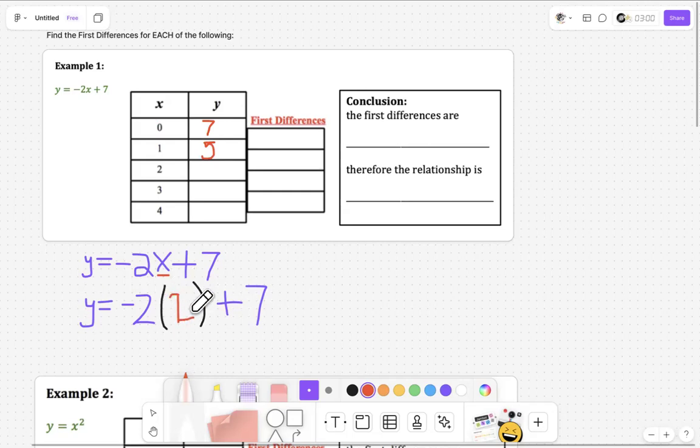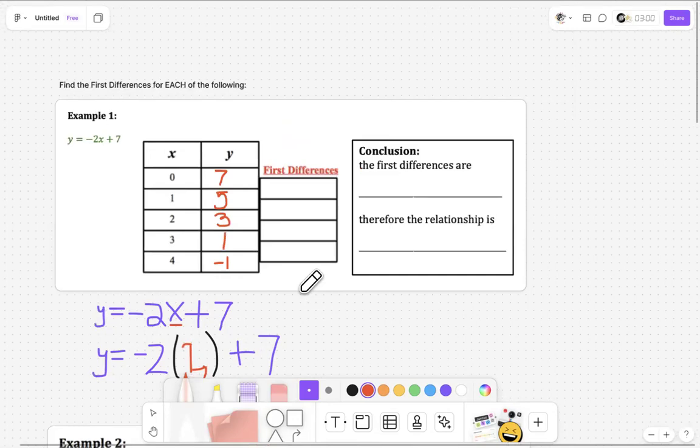Negative 2 times 2 is negative 4, plus 7 is going to give me a y value of 3. And so on and so forth. If we turn this into a 3, negative 2 times 3 is negative 6, plus 7 is positive 1. And my last value is actually going to be negative 1. So that's how we fill out our table of values.